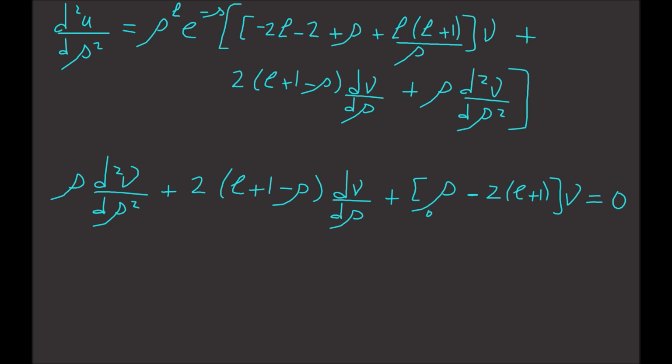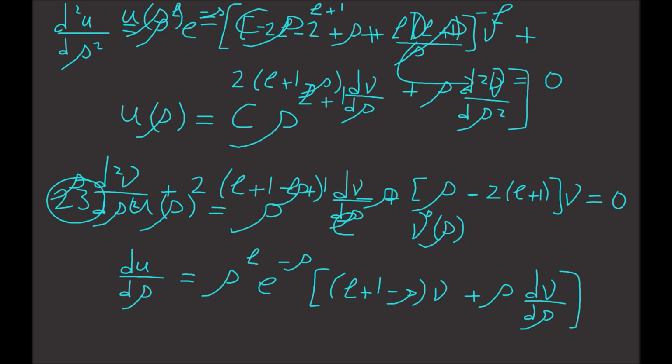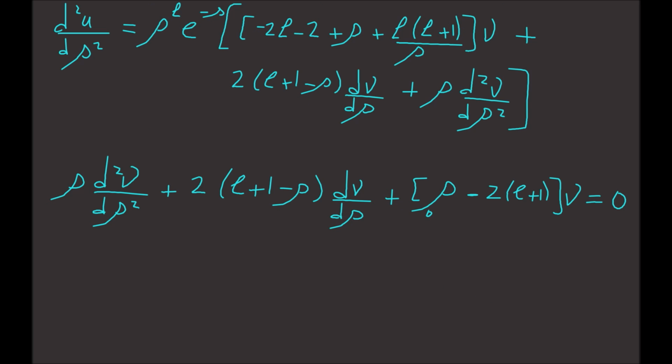Let's give it a number. What number are we at? 24. So this is equation number 24. Our job now is to solve for the new function nu of rho. If we find nu of rho, we are done.